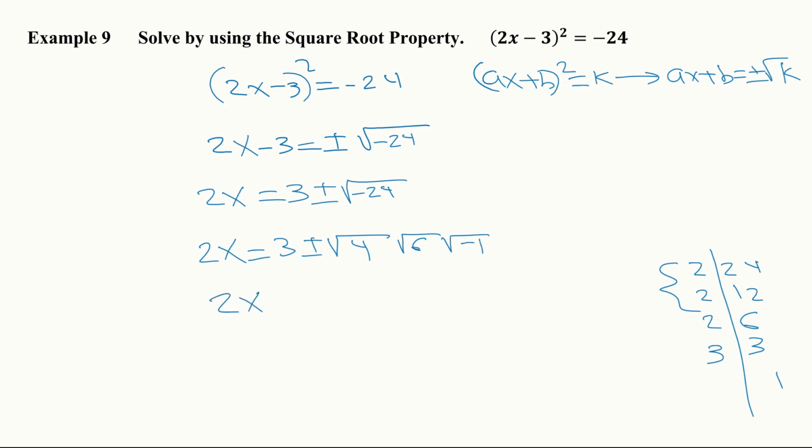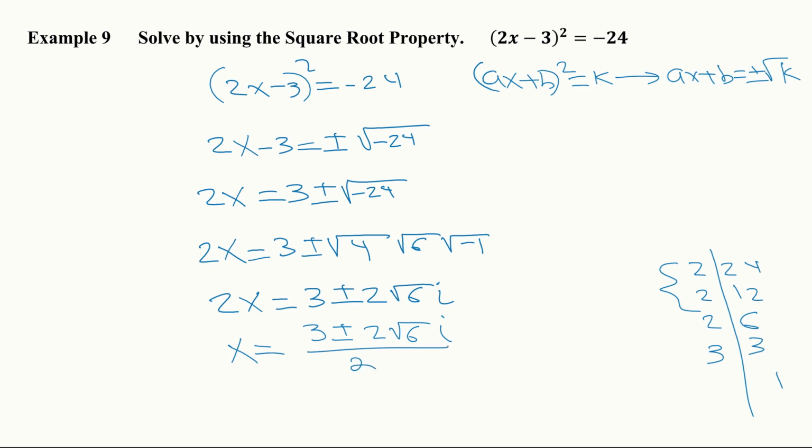So we get 2x equals 3 plus or minus 2 radical 6 i, correct? Instead of the square root of negative 1, we'll always write i. So now we're ready to solve for x. That's 2x. We want x. So we divide both sides by 2. So we get x equals 3 plus or minus 2 radical 6i over 2.